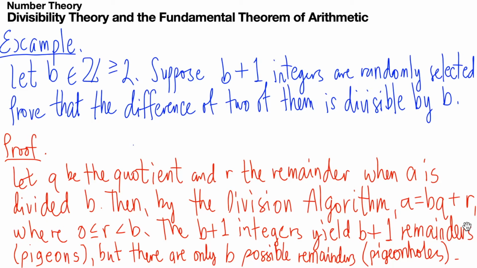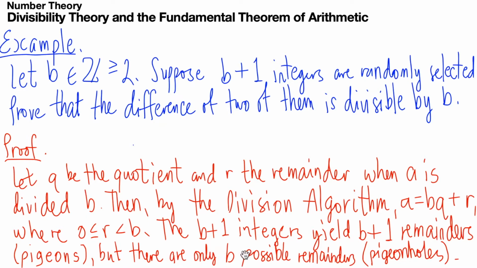Let me read this again. Let q be the quotient and r the remainder when an integer a is divided by b, then by the division algorithm a equals bq plus r, where r is between 0 and b, but r can be equal to 0. Then we have b plus 1 integers yielding b plus 1 remainders. We will call these our pigeons.